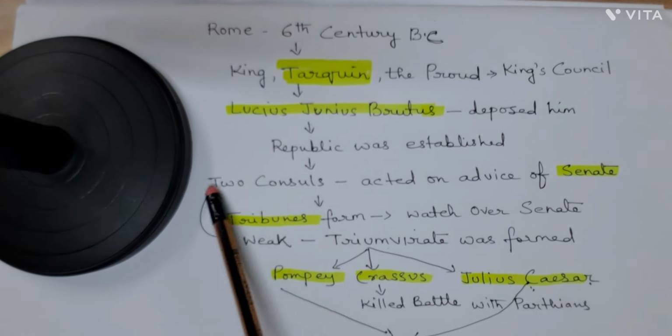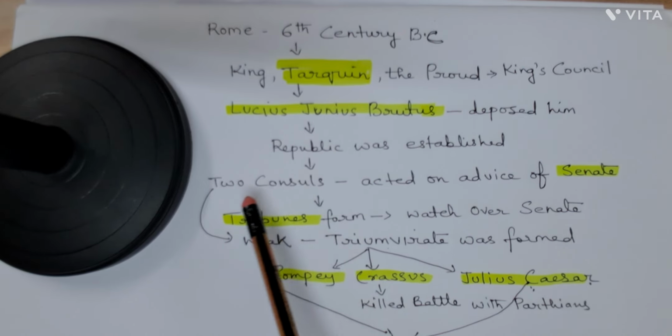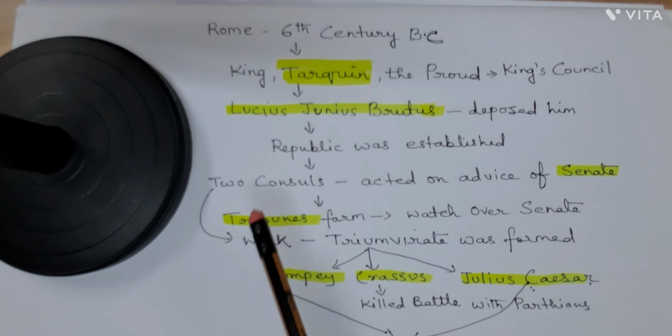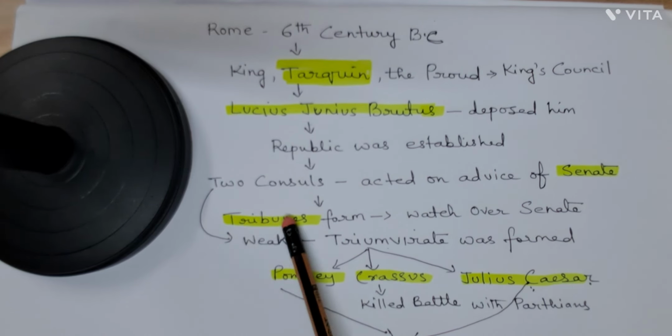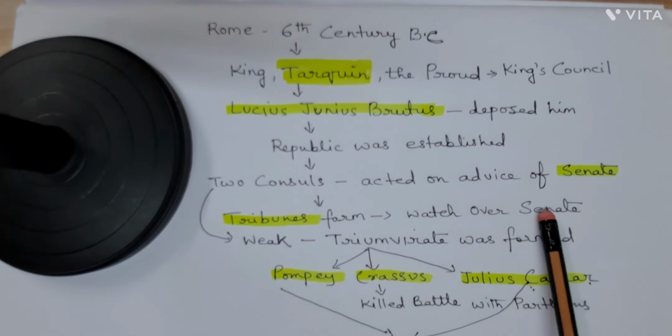Now these two people fought amongst themselves. They could not rule properly. They became weak. Next, here we have something called tribunes. Tribunes are magistrates who kept a watch over the working of the senate.